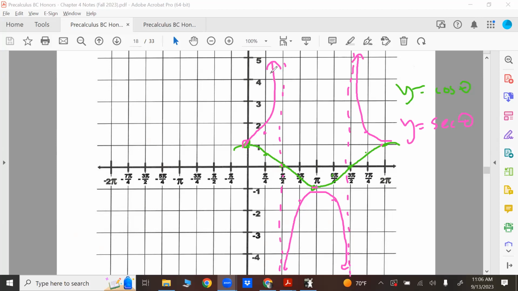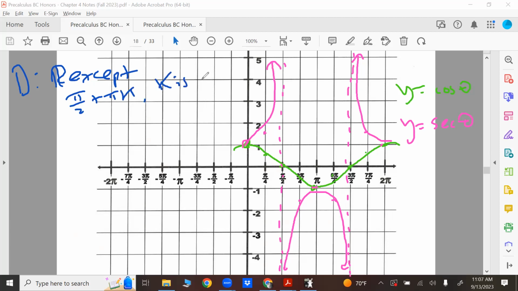Okay. I'll keep this graph displayed. Let me do domain, range, and all the other fun stuff off to the side here. So domain is still all real, except pi/2 plus pi k, where again k is any integer.